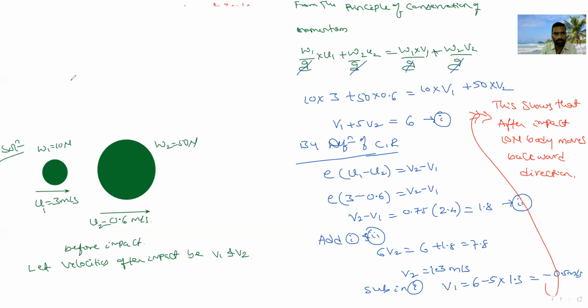So here you can write like this also. The velocity of the first ball is reversed after impact. It means either minus. What I have written shows that after impact the 10 Newton body moves backward. You can also write it like this: the velocity of the first ball is reversed after impact.